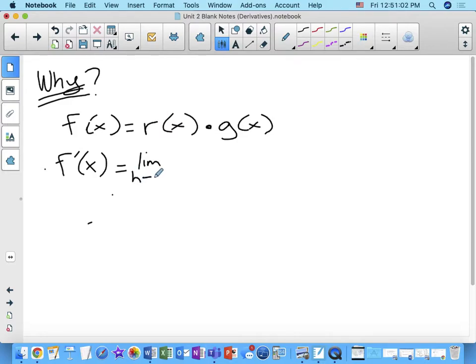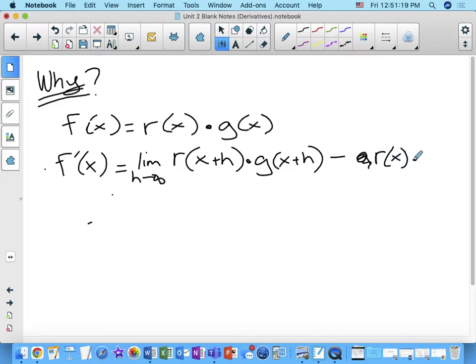The limit as h approaches 0 of r of x plus h times g of x plus h minus r of x times g of x over h. Does that look familiar? Yep. Okay, good. This is how we get the derivative of any function, right?